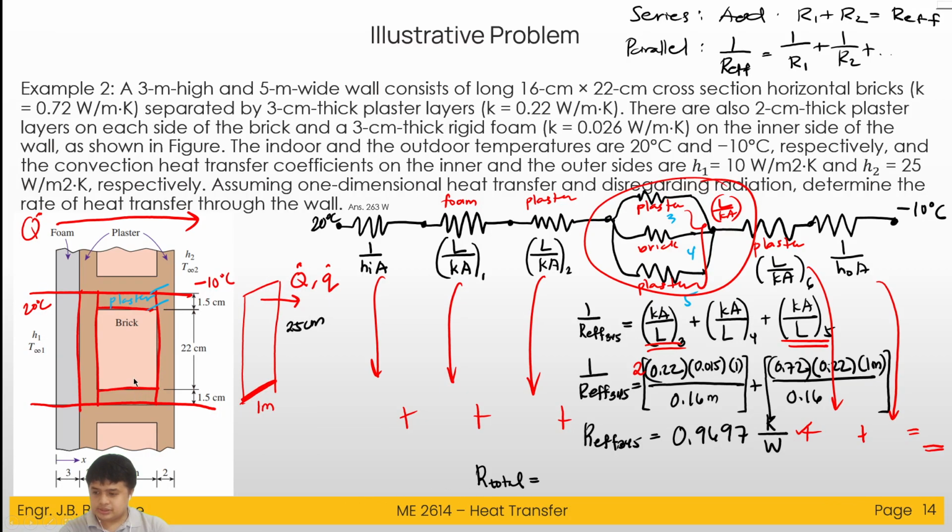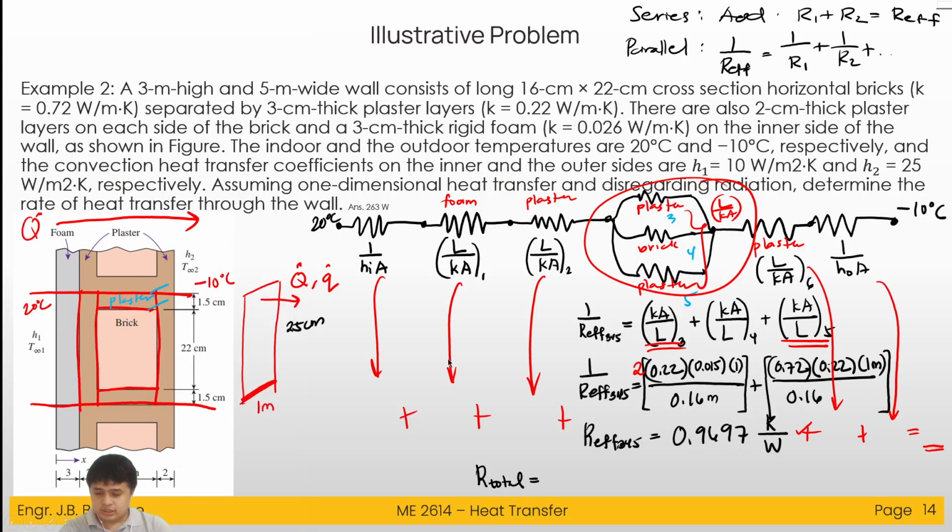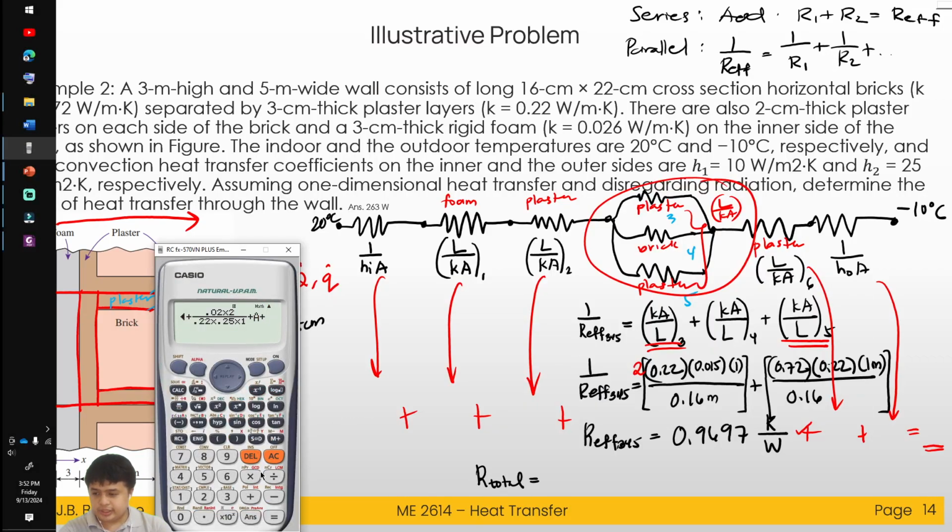Plus the effective resistance of this parallel layer. So you have, I say this as A or 0.9697. And then the convective thermal resistance, so 1 over ho. So 1 over 25 times 0.25, so the height is also 25 centimeters.